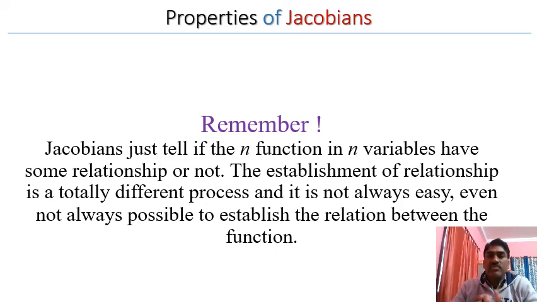So just this fact is told by the Jacobian. To establish the relationship between the functions is not part of the Jacobian, and it is totally different. Sometimes it is not easy to find the relationship, and sometimes it is not even possible to establish the relationship between the functions. So what is the use of this if sometimes we cannot find the relationship?